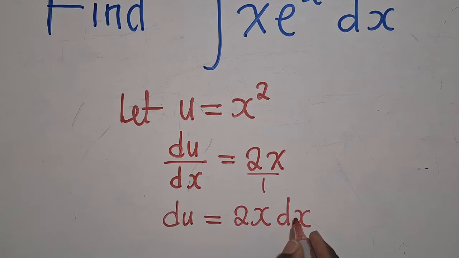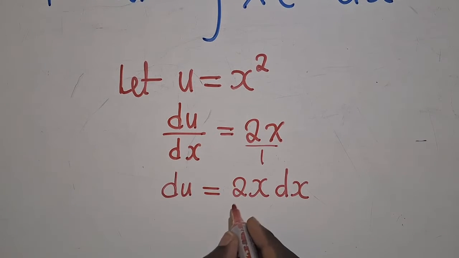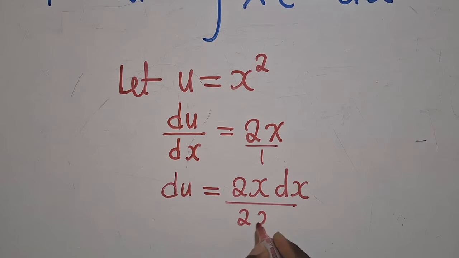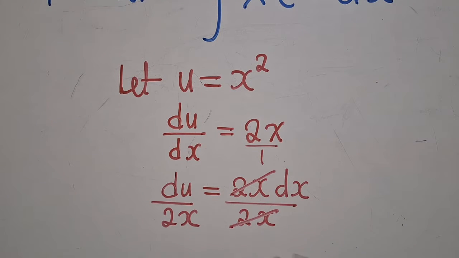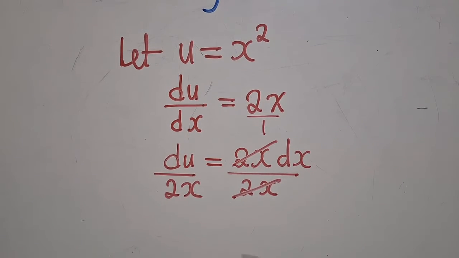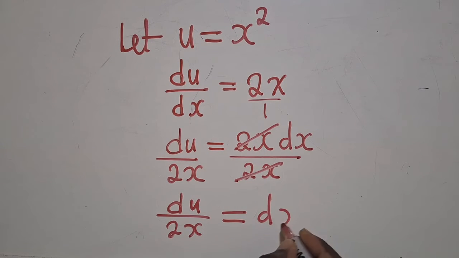Remember, we are making dx the subject of the formula, so we are going to divide by 2x, so that we remain with the dx. So this and this will go. We shall remain with du over 2x, which is equal to dx, like that.